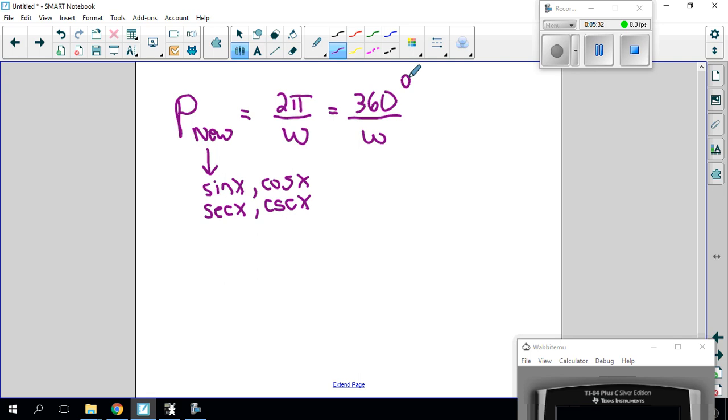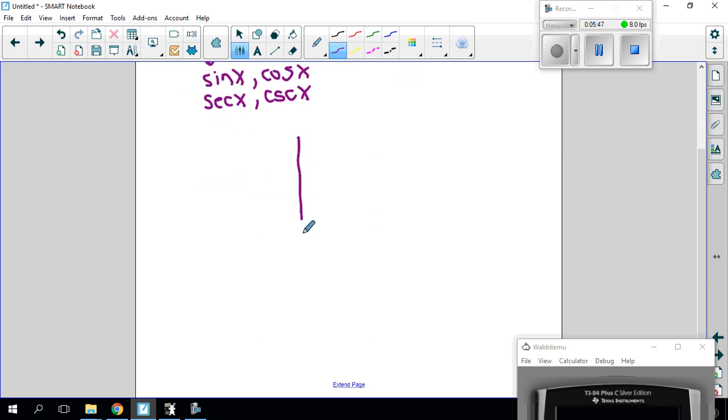Predominantly we work in radians. Our textbook goes back and forth, but in calculus you'll always be in radians. So because they repeat every 2 pi, that's why their formula is 2 pi over omega.